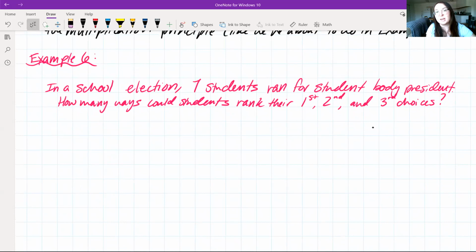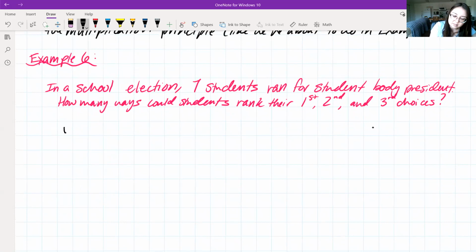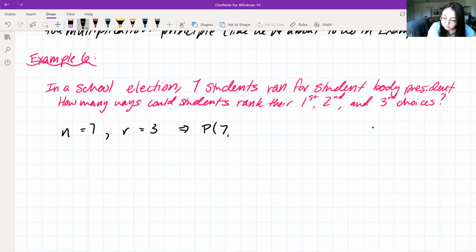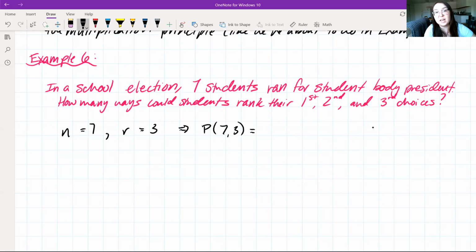We're going to be ranking 3 of them, so let's set our values: n is going to be equal to 7. We're taking r elements out of 7, and we say that r is going to be equal to 3. This means that we get the permutation of 7 comma 3, so 3 events out of 7 elements.